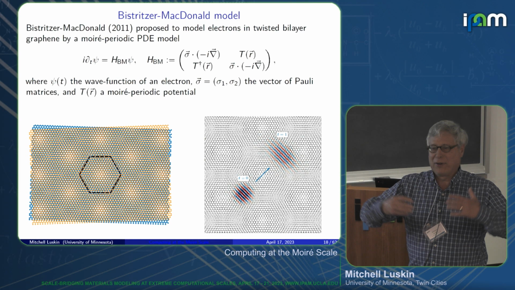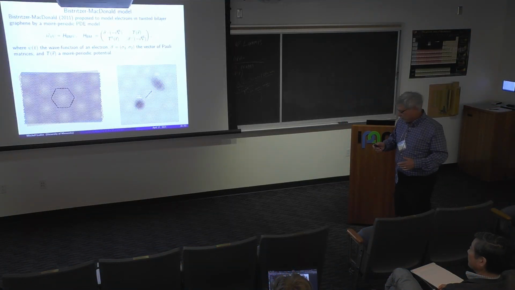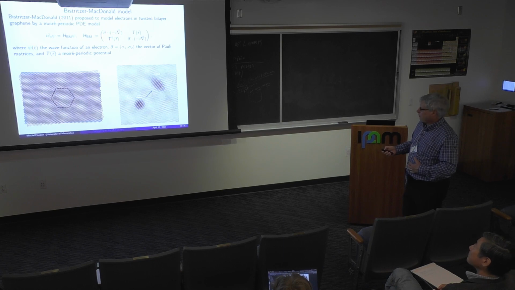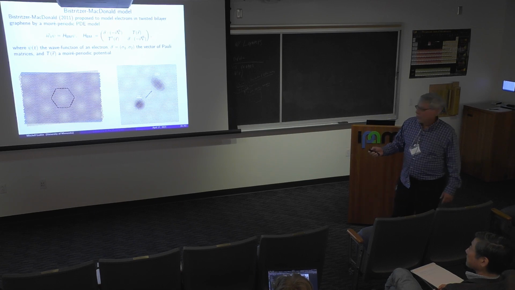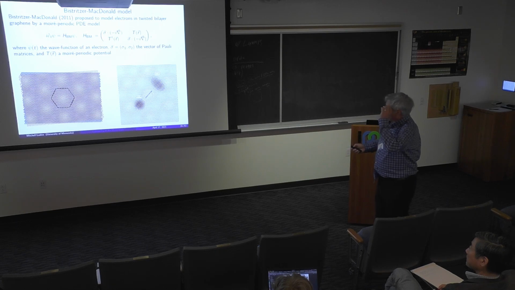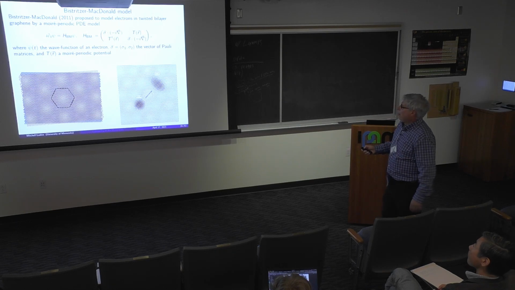So we have a new Schrodinger equation. This equation is actually hyperbolic. You see, we have these first order terms here. And so this is a dimensionless form of the Bistritzer-MacDonald model.